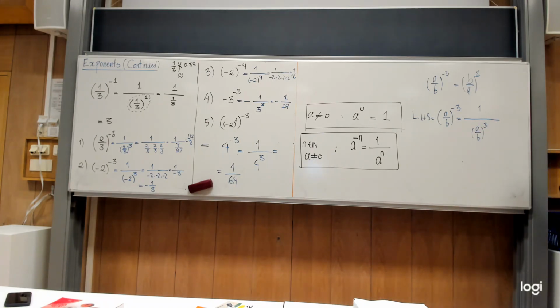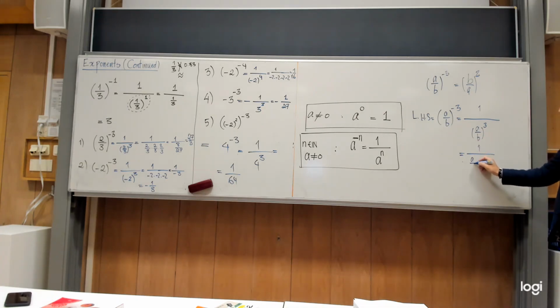Yes? Then what can I do? I can write 1 over a over b multiplied by a over b multiplied by a over b. But then this becomes 1 over a times a times a, which is a to the 3, not 3a. Be careful. A to the 3, yes? B times b times b, b to the 3.